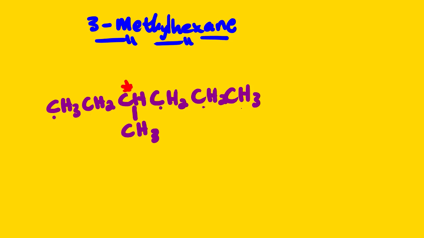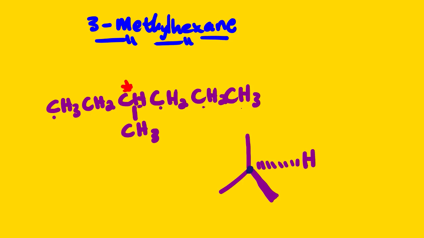Once you're done identifying the tetrahedral center, you just have to draw something like this, which represents the 4 different groups. This carbon will be our tetrahedral center, which is this one. Then just make sure this hydrogen is at the back.